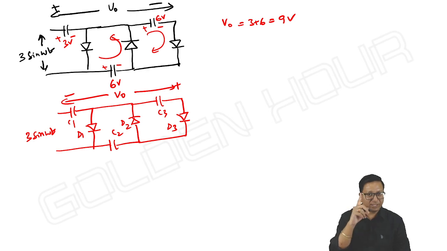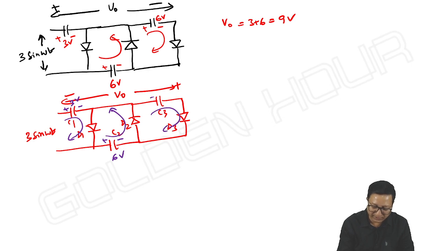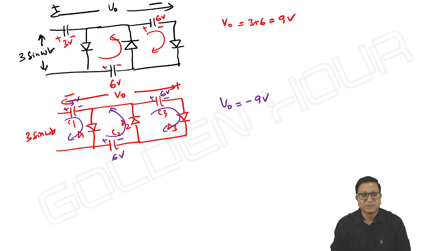Minus 9. We should be very careful how they are giving the polarities. That's why every time we should take the polarities of the voltage. Here it is 3 volts. Just see the direction of the diode and the polarities of the voltage across the capacitors, and it will go like this. So plus minus, it is 6 volts, and again here plus minus 6 volts. Ultimately V output is equal to minus 9 volts. Okay, we should be very careful.